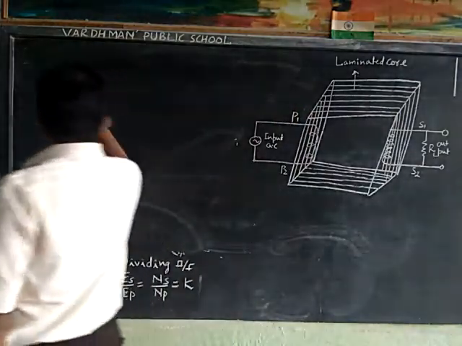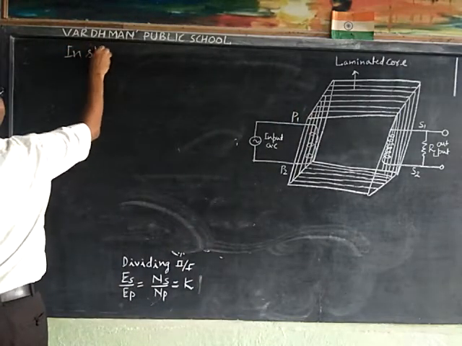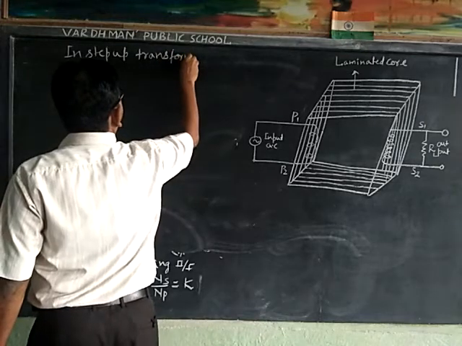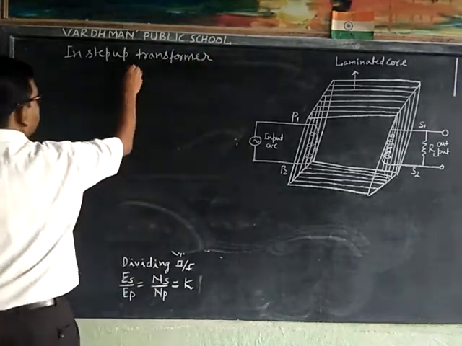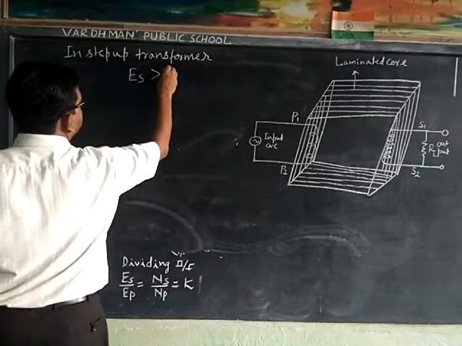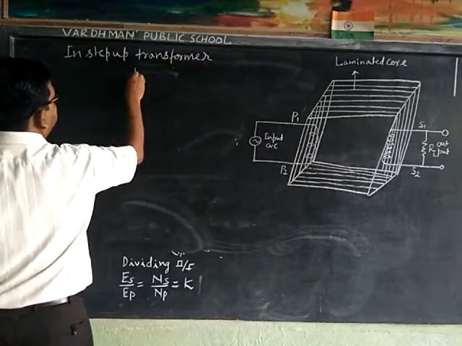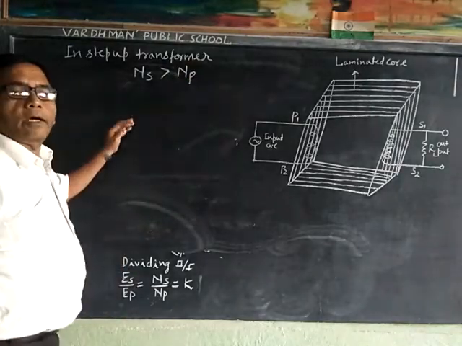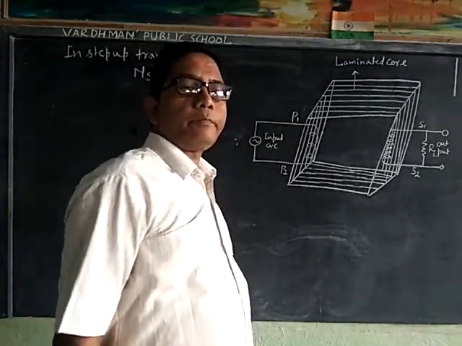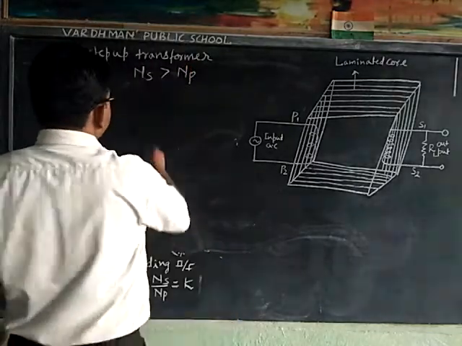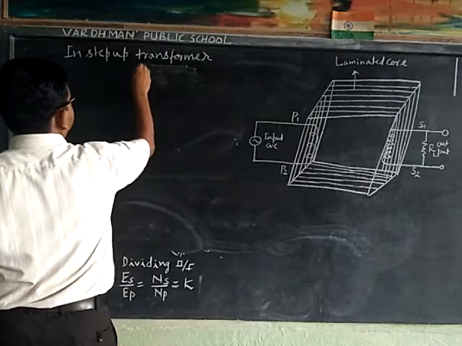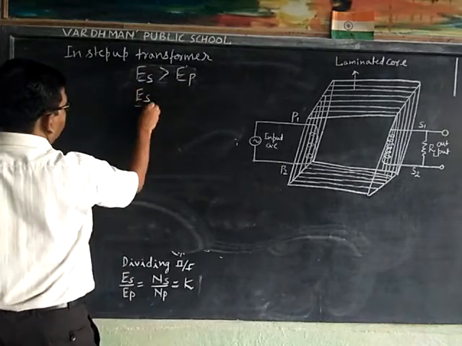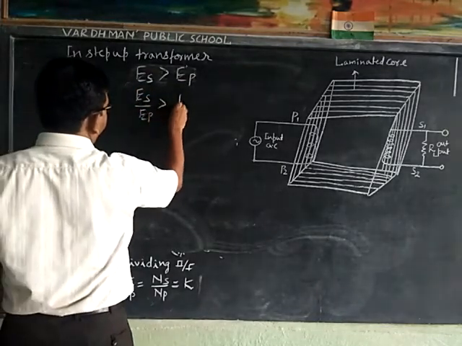In a step up transformer, ES is greater than EP, so the number of turns in the secondary coil NS is greater than the number of turns in the primary coil NP. The EMF ES upon EP is greater than 1.